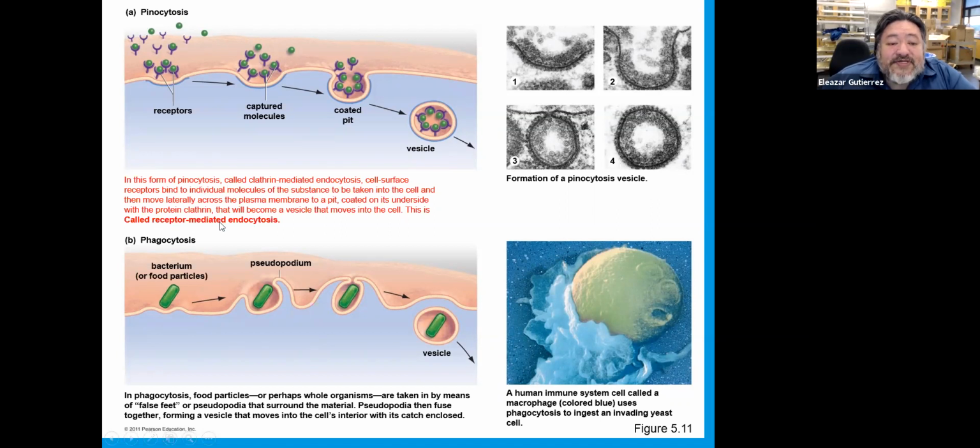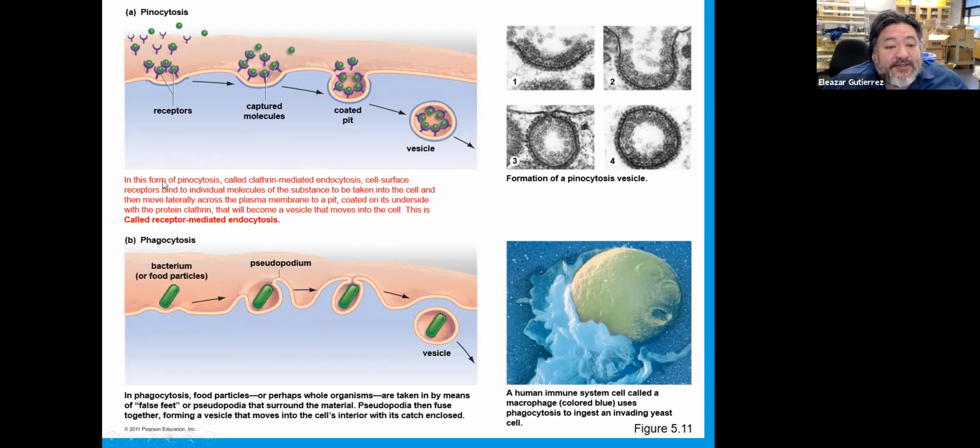But now we have this receptor to this clathrin-covered pit, and what's significant about this is that what the cell is drinking is a specific molecule. Why? Because that receptor is being very specific for a singular type of molecule. The cell needs one thing and is being very, very specific.